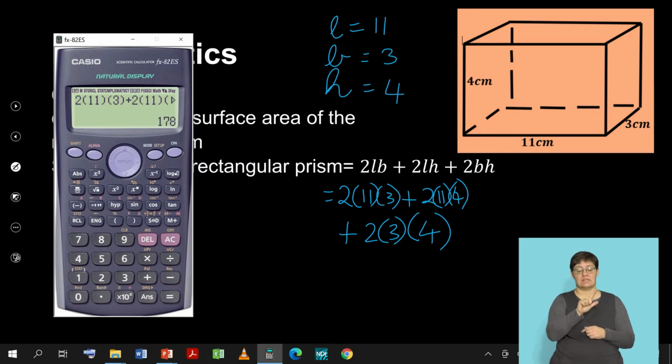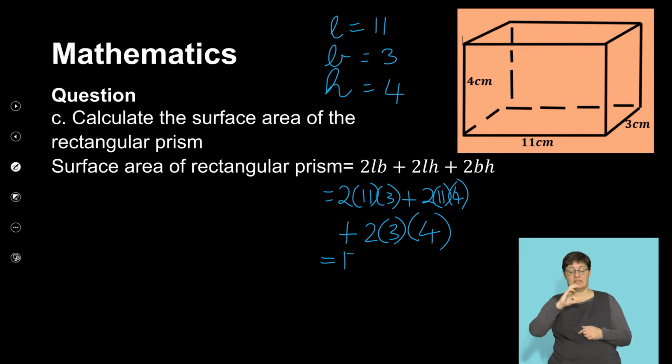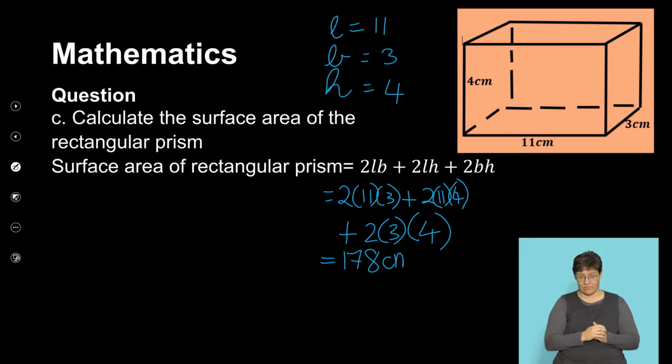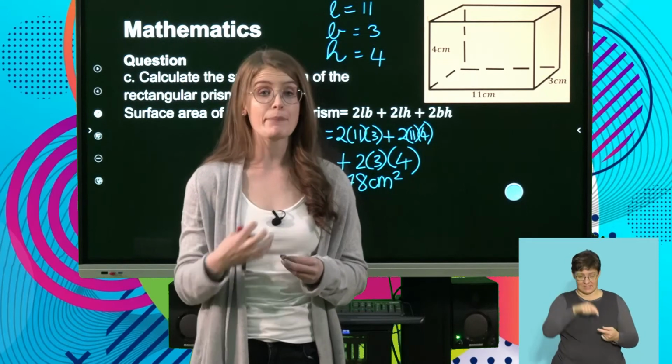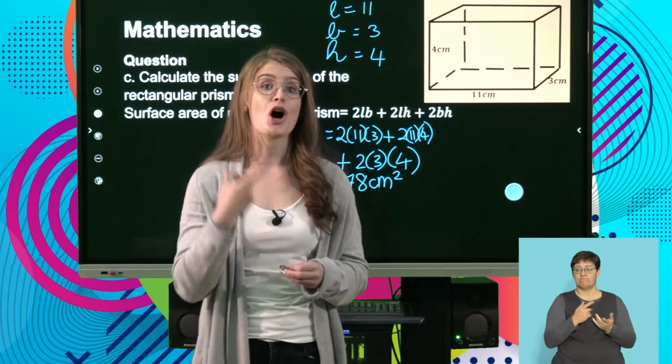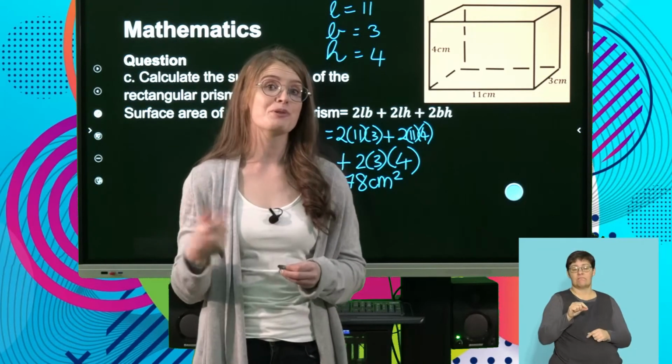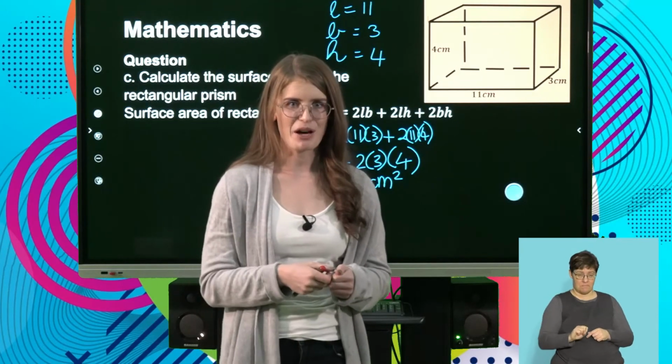So my surface area is 178 centimeters squared. Just a reminder, because it is the surface area and it's adding the area of the 6 surfaces that make up the rectangular prism, the units are squared. It's only cubed for volume. Let's go to the next part of the question.